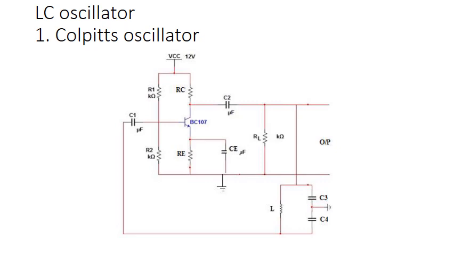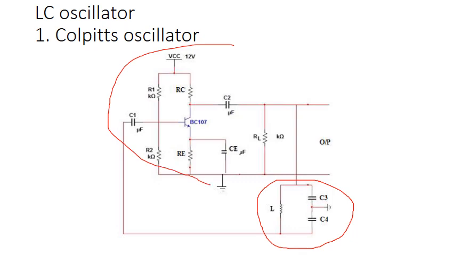This is the diagram of the Colpitts oscillator. Here we have the feedback circuit, with the two capacitors and one inductor, and this part is the amplifier stage. We have done this BJT voltage amplifier as a part of experiment number 1.